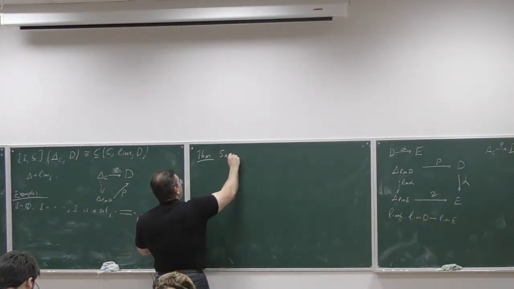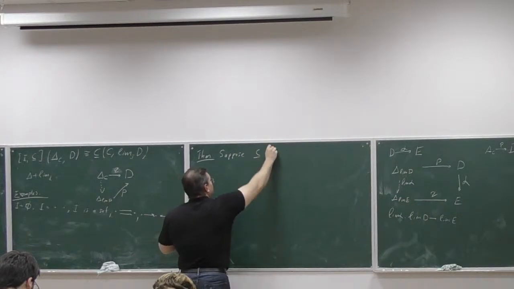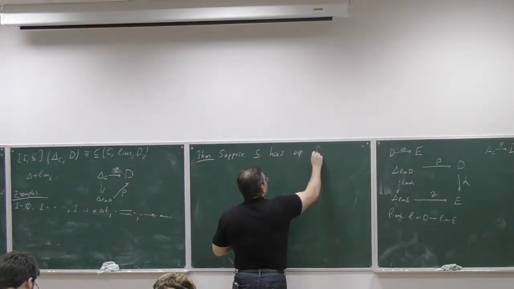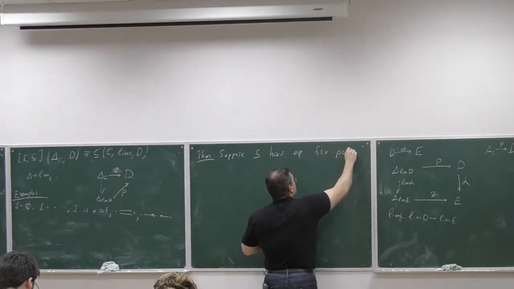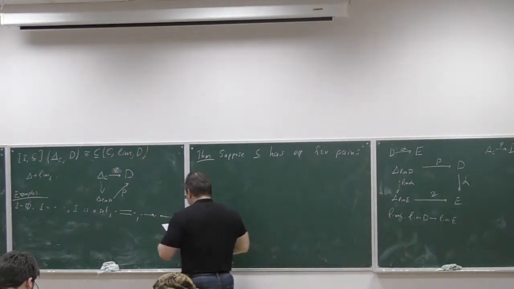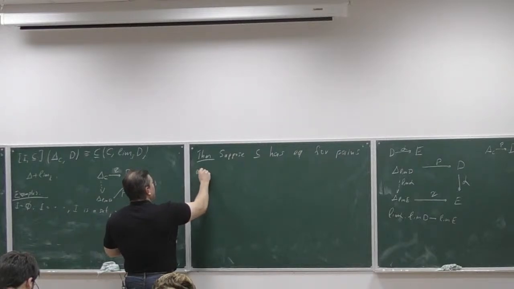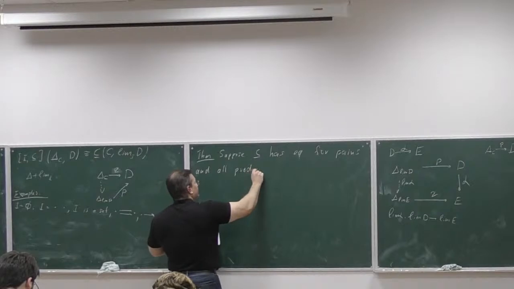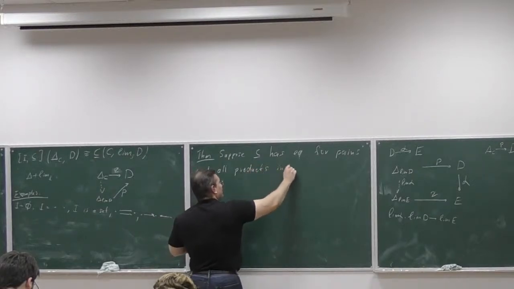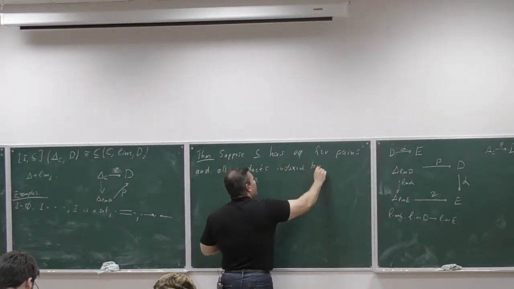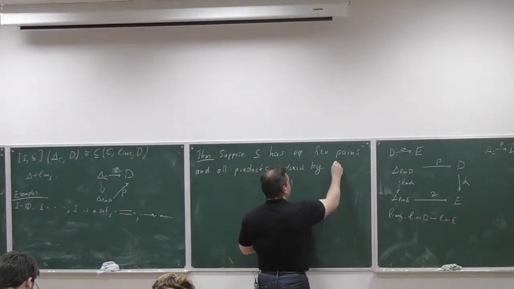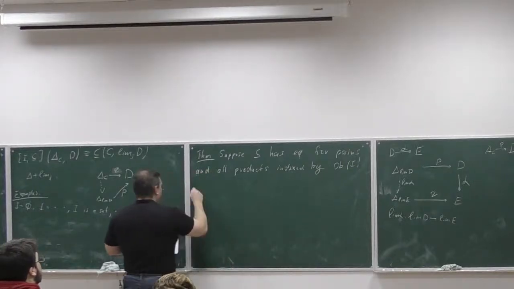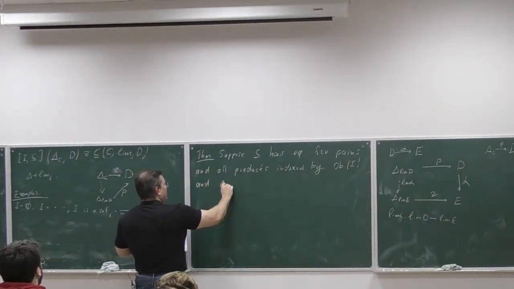Suppose category C has equalizers for pairs, of course I mean for all pairs, and all products indexed by objects of I, so I is fixed, and arrows of I.